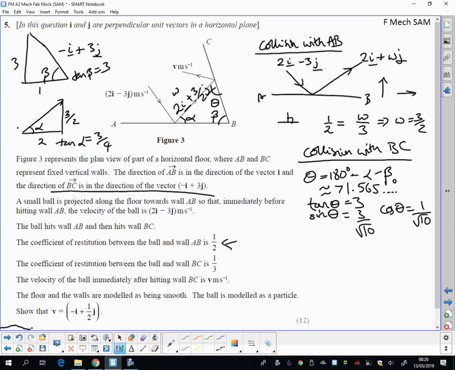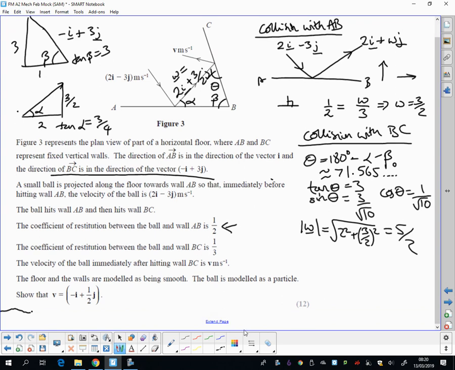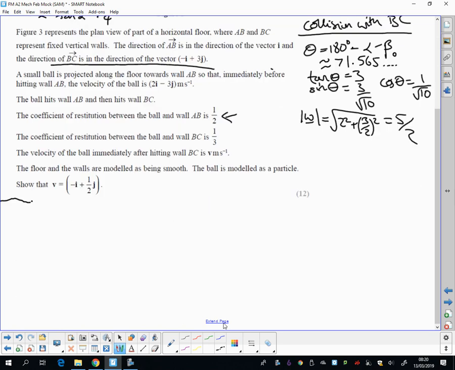If I call the velocity we've got after the collision with AB, W now, then I can work out that the magnitude of W is 5/2. So now I know what my velocity is before I hit BC.